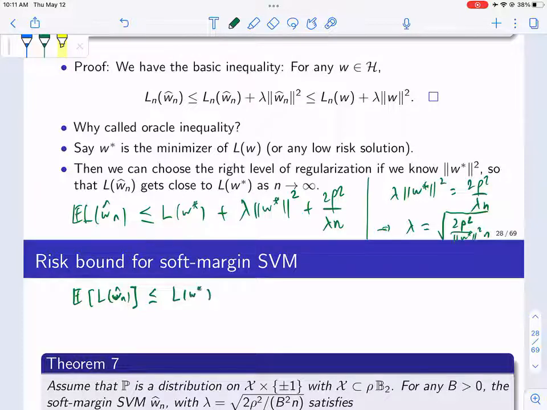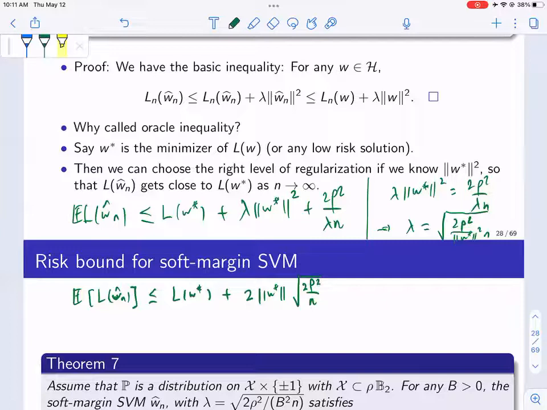L W star plus, if you plug back in here, one W star comes out, and effectively you would get 2, because these two terms would be the same, and then W star root rho over 2 rho over n.